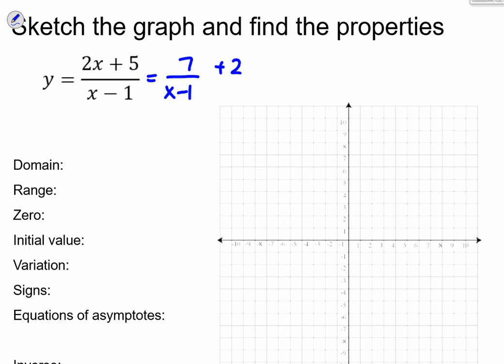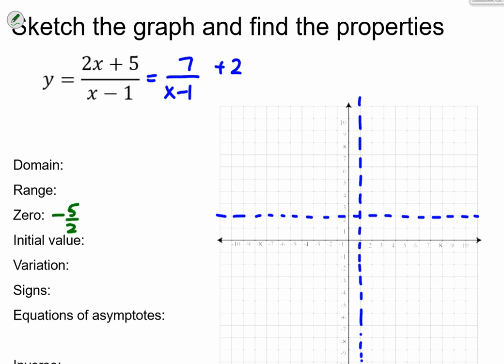We figured that our h was at 1, so our asymptote is here, and our second asymptote is y is equal to 2 here. We found that our 0 was negative 5 over 2, or if you prefer, negative 2.5. So this is our 0 here, and our initial value was negative 5.